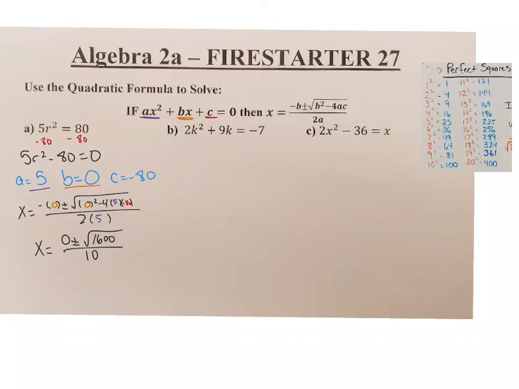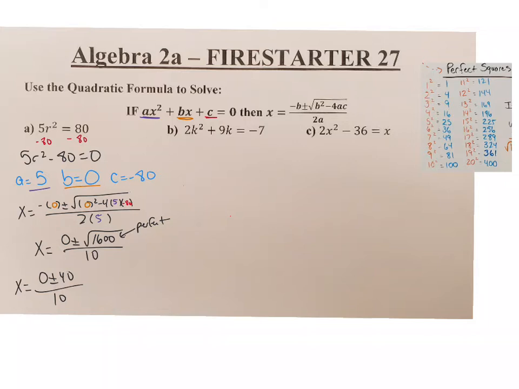Now I'm going to check and make sure 1,600 is not perfect, but it is perfect. So I take the square root of 1,600 and I get 40. So my next answer is x equals 0 plus or minus 40 all over 10.